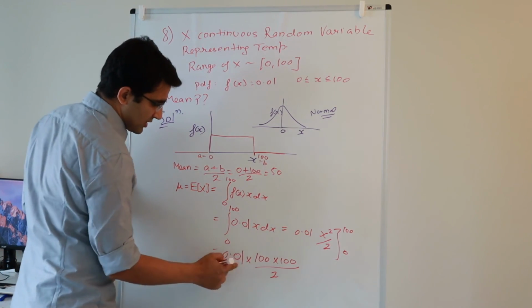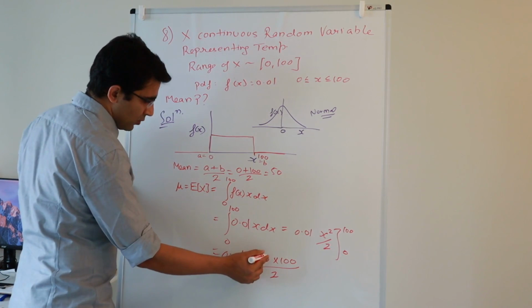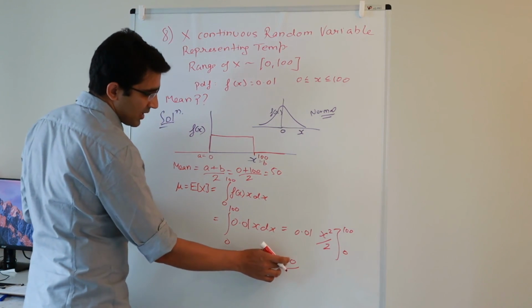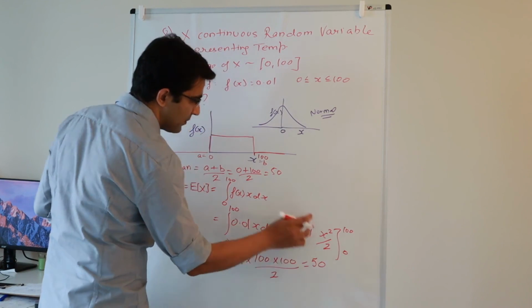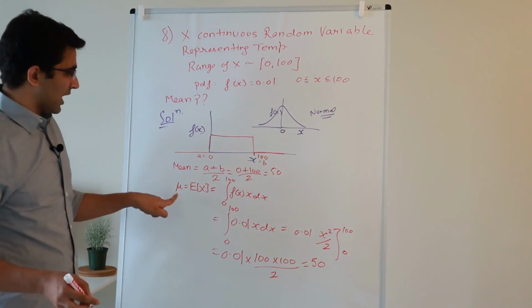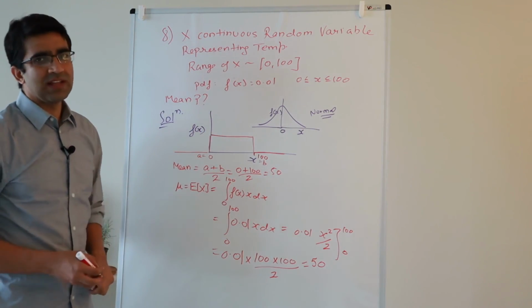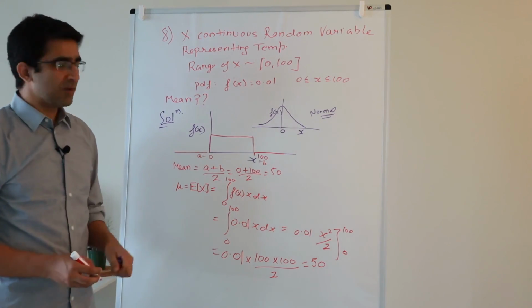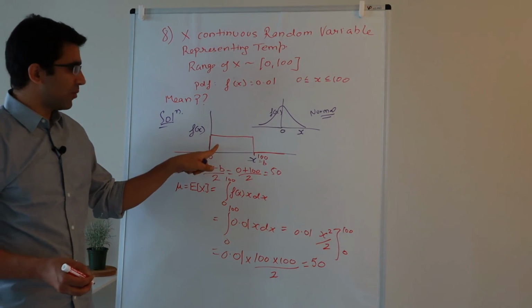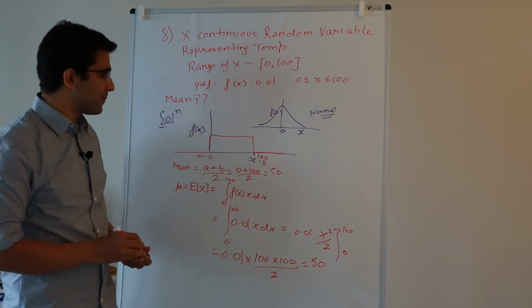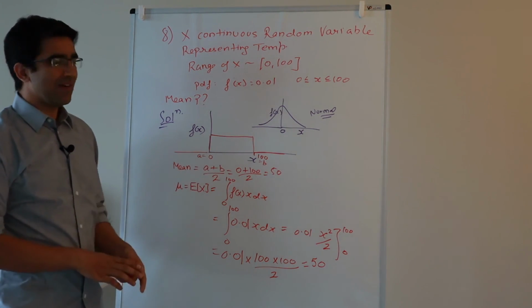You can see 0.01 into 100 will give you 1. Then you will be left with 100 divided by 2, which is equal to 50. So the same answer that you get. To calculate the mean, this is the formula that we use, but here, because this is a uniform distribution, we don't need to go through this part. We know that in case of a uniform distribution, it will be equal to (a plus b) divided by 2.